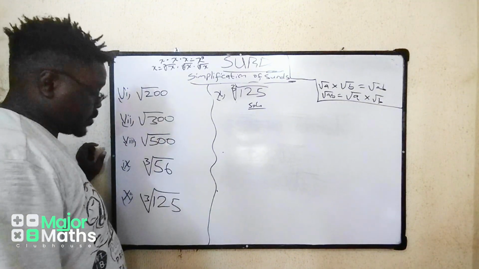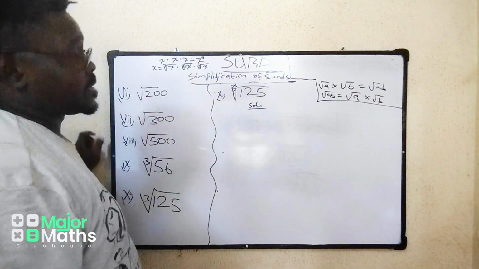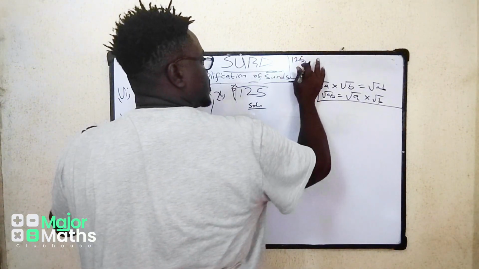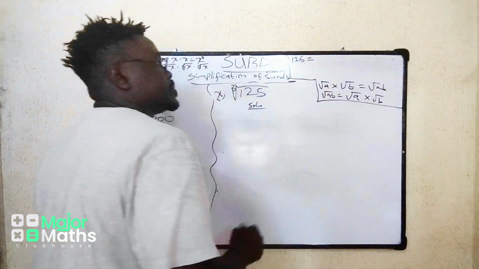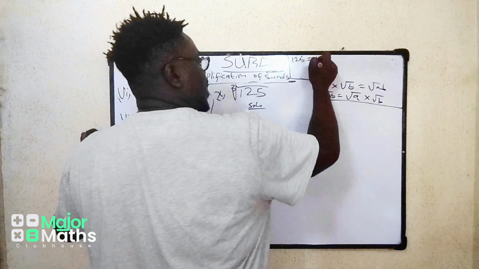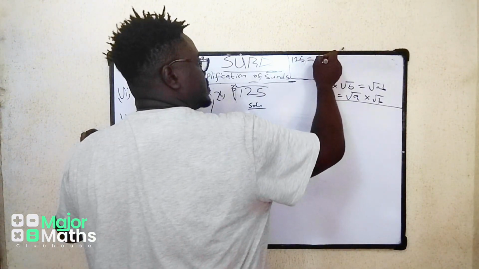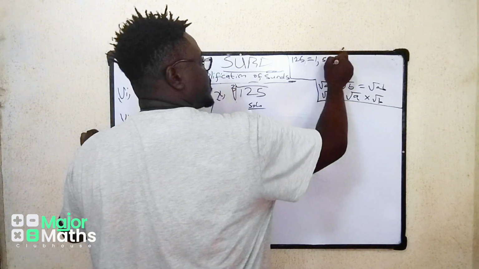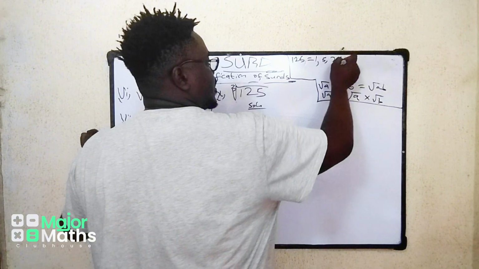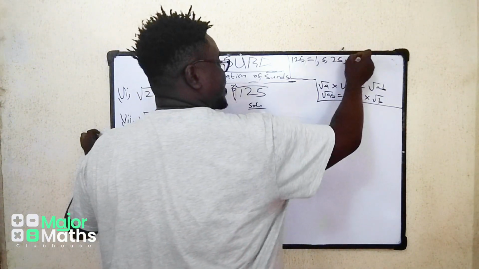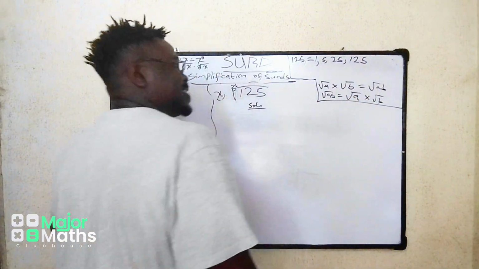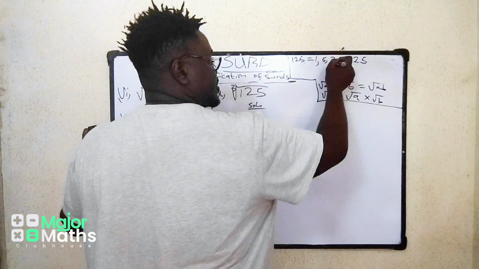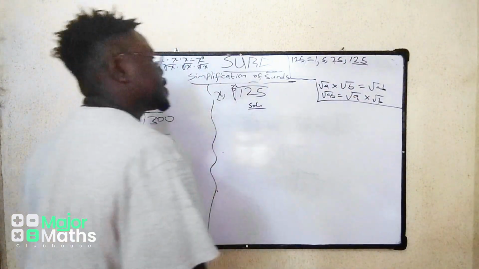All right, so in cube root 125, let's get the factors of 125. This shouldn't be so difficult. So we have 1, 5, 25, 125, I guess. Yeah. So this is not a cube, this is not a cube, this is a square but not a cube, but this is a cube.